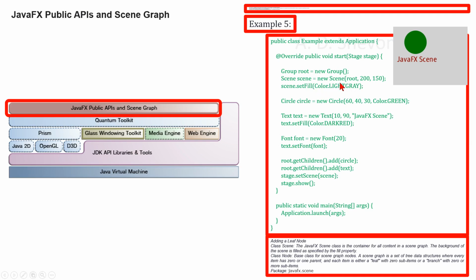The class Node is the base class for scene graph nodes. A scene graph is a set of tree data structures where every item has 0 or 1 parents.